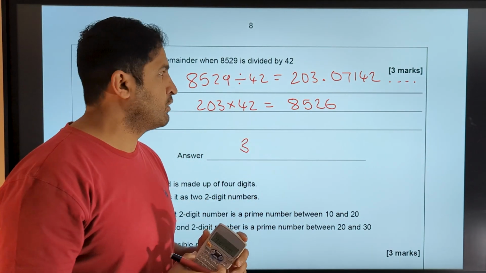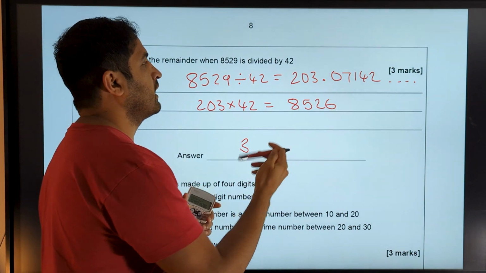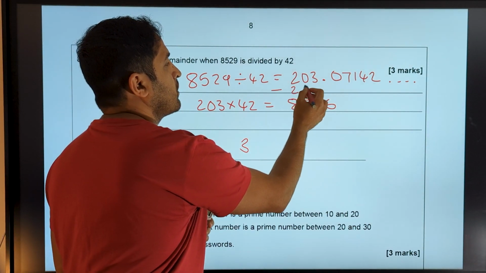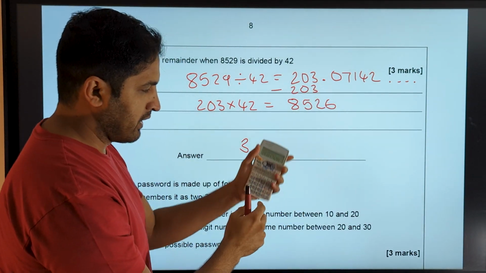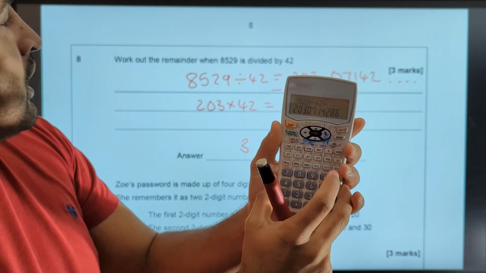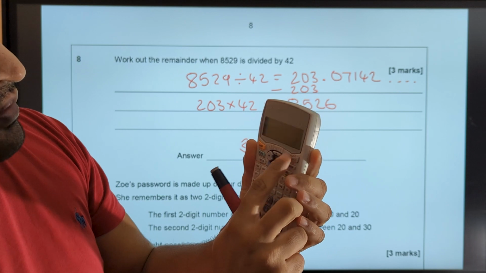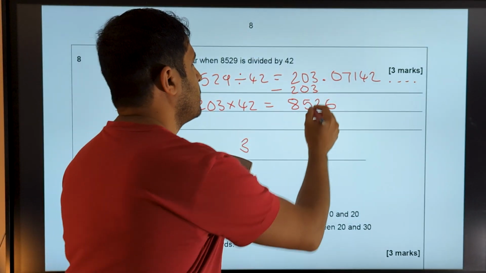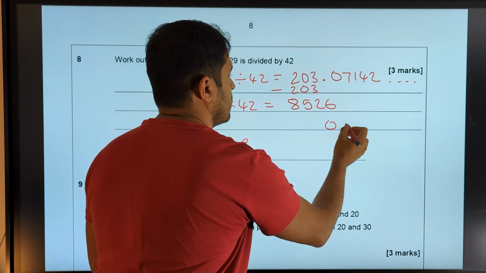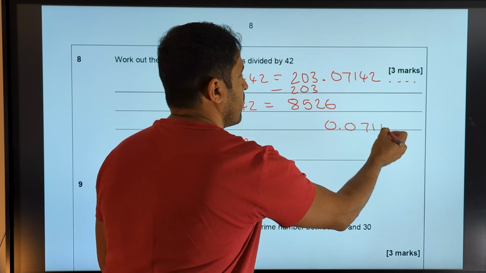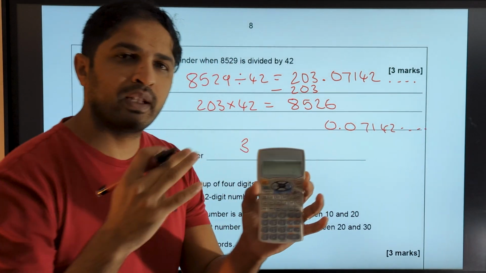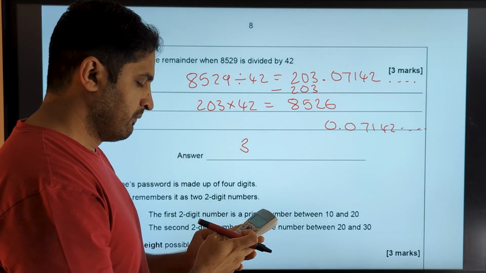Again, there are more ways of doing these. I could have taken away 203 from that result, and you will be left with 0.07142, whatever that is.